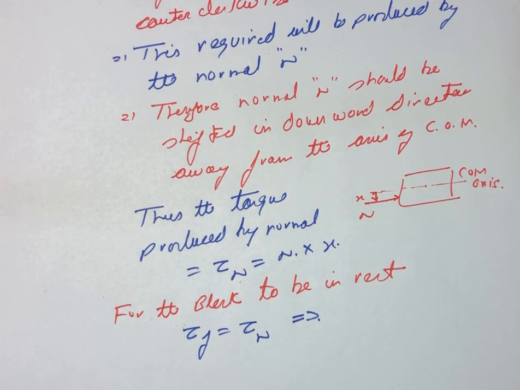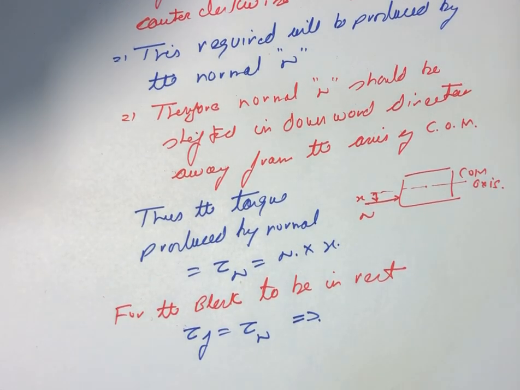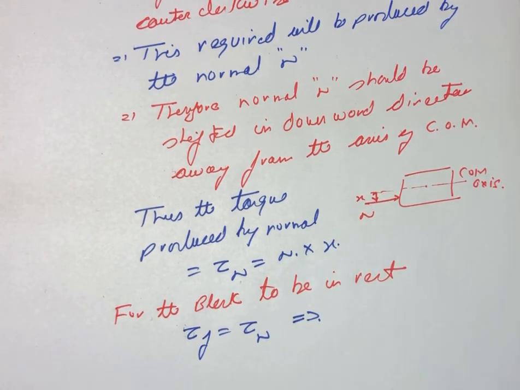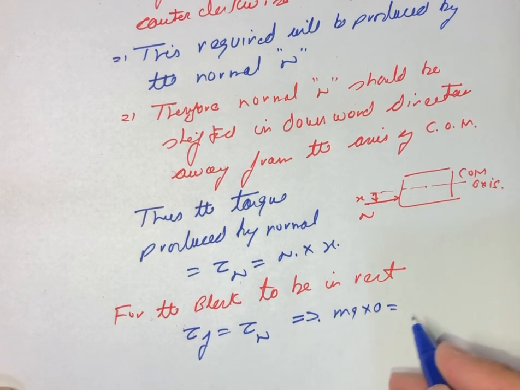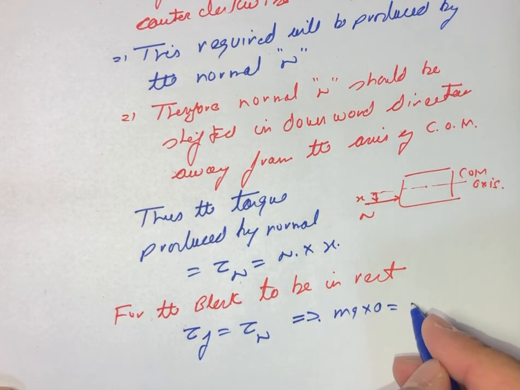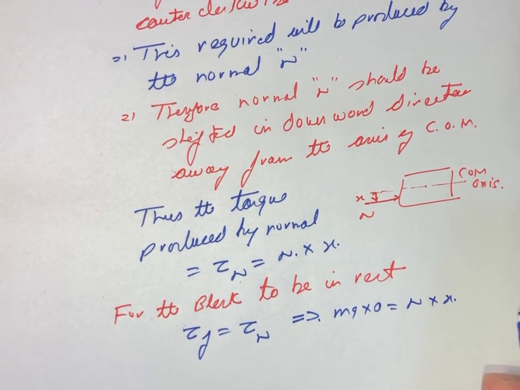From here we can say tau f is given as mgA, and we have tau n is our N multiplied by x.